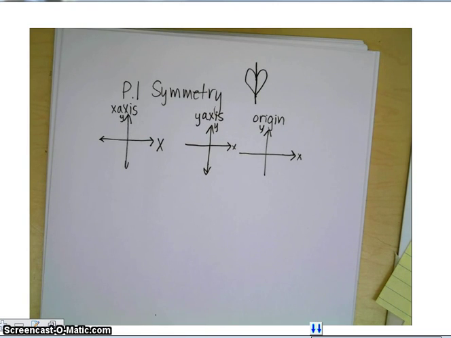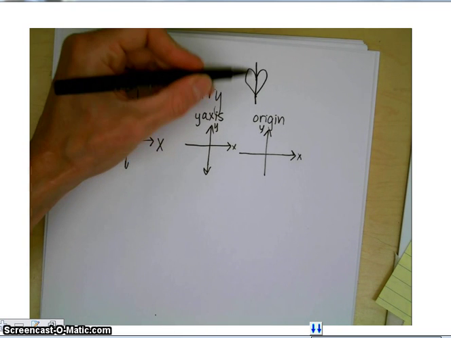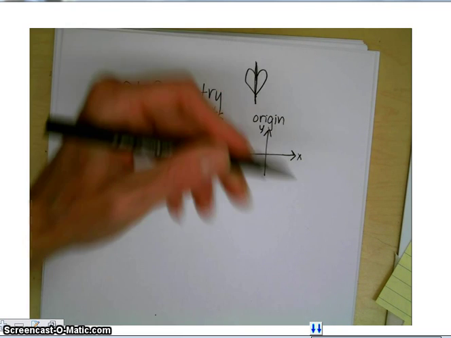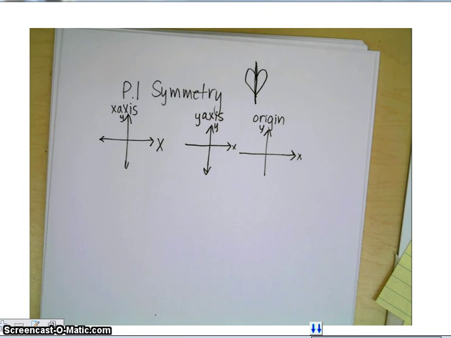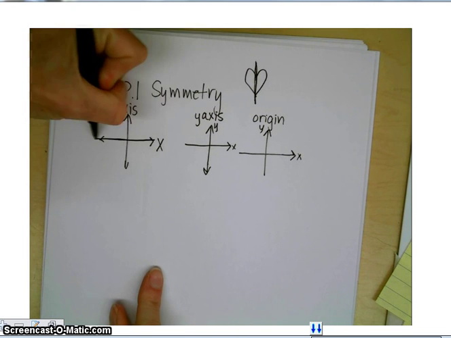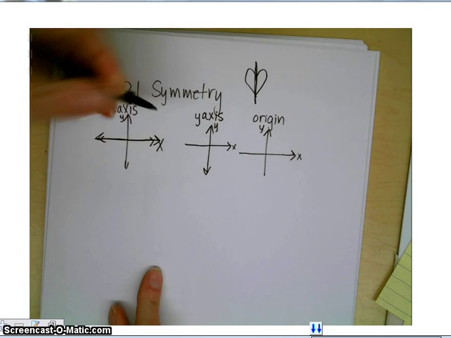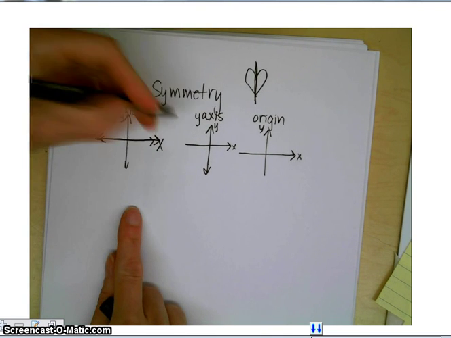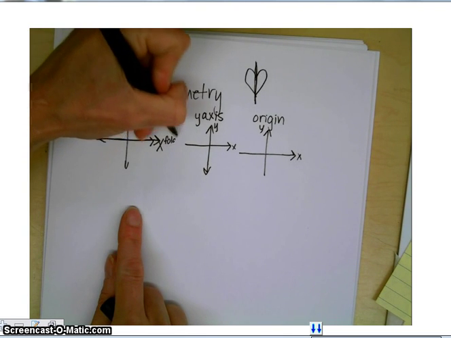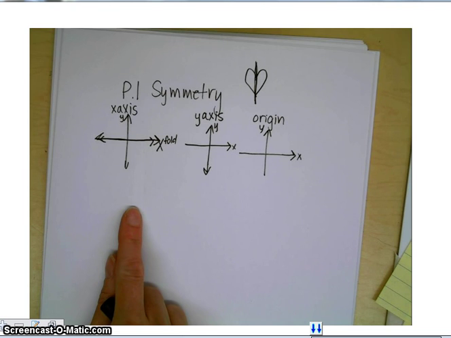It has symmetry right down the middle like that, because you can fold it, and both sides on that line are equal to each other. If I fold it in half, they match each other up. So x-axis symmetry would be a graph that if you fold along the x-axis, it's the same on both sides of that.